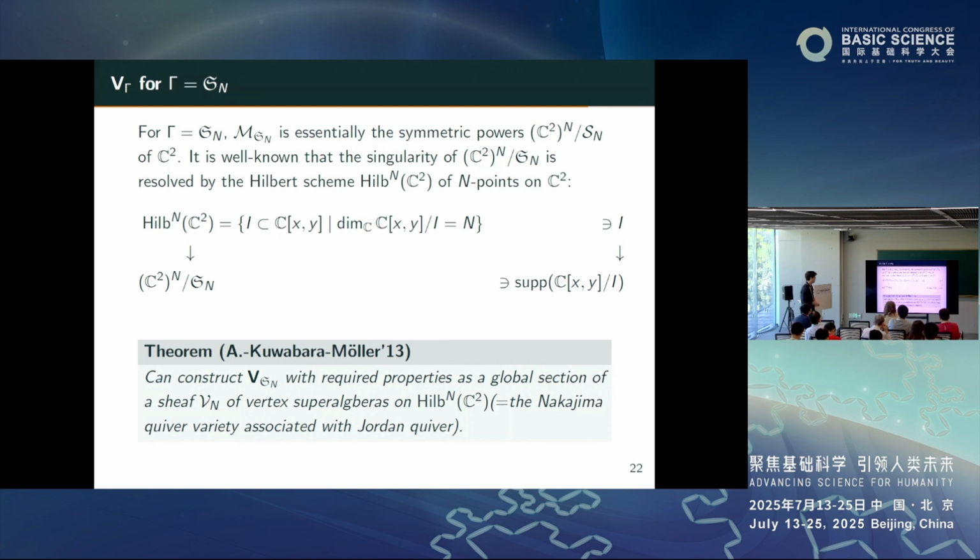What I don't have time to explain, but what is interesting, is that it's quite important to have the supersymmetry in this setting. If you naively construct the chiral differential operators vertex algebra without adding fermions, you don't succeed. You have to add the proper number of fermions to construct it.